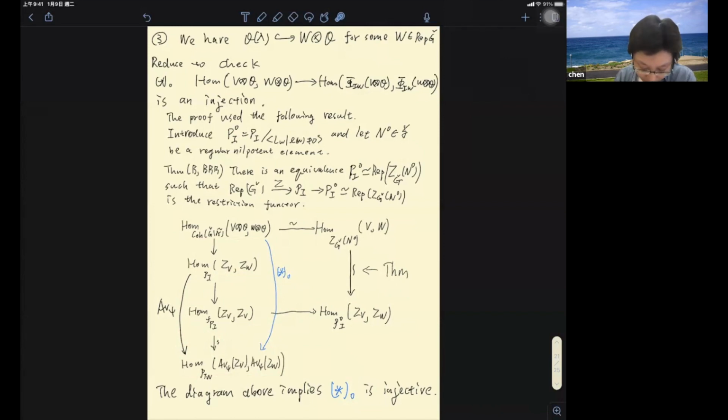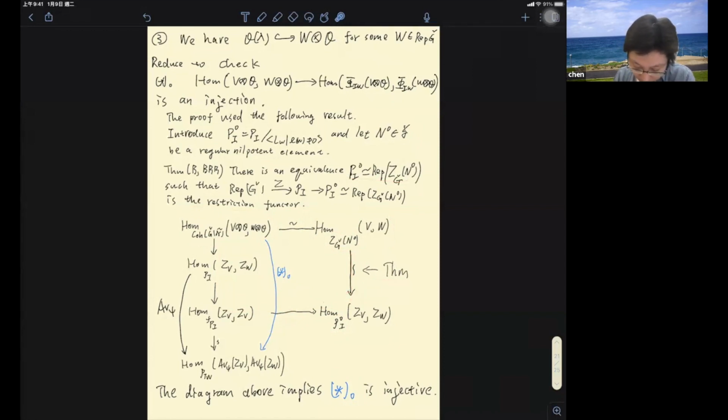But now we are done, because of fully faithfulness, it suffices to prove that this composition here is injective. But by this theorem, you consider this further composition, from here go to here, and then do the further quotient. We have a natural identification of this Hom with just the Hom between V and W, but you think of this as a representation of the centralizer. And then the theorem gives the identification.